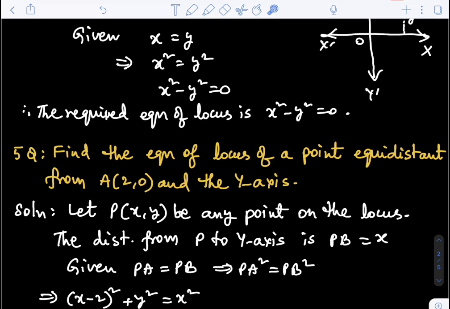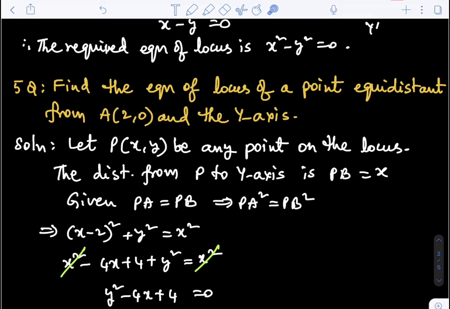Squaring on both sides, we get it. Afterwards the distance formula is applied, with P(x, y) and (2, 0), that is (x1, y1), (x2, y2). Applying the formula, LHS is this, and on the RHS, PB is x, so it becomes x square.